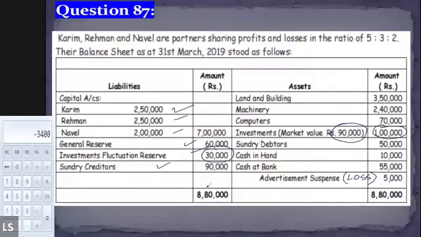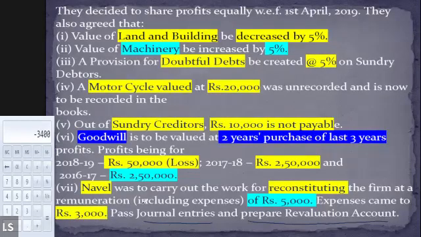Good. Now I think we have treated everything that should be treated in the balance sheet as of now. Now we will move to the additional information given on the next slide. Starting with the first point, here you can see the value of the land and building has decreased by 5%.